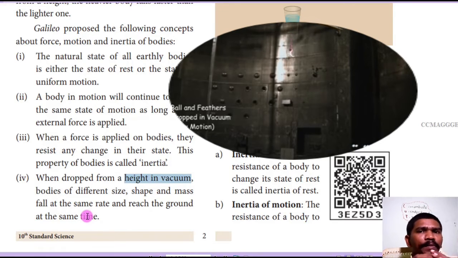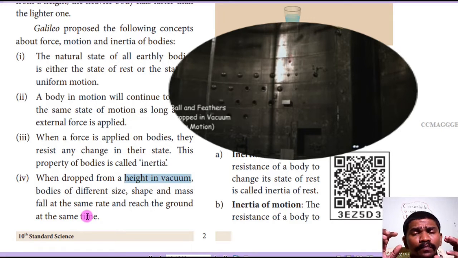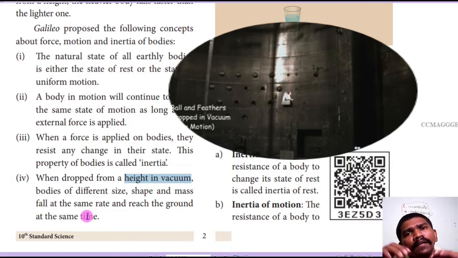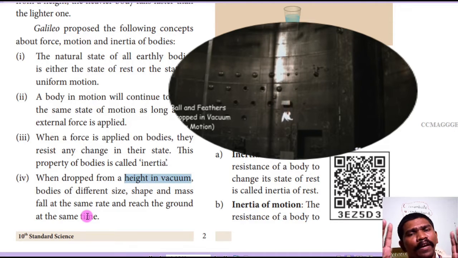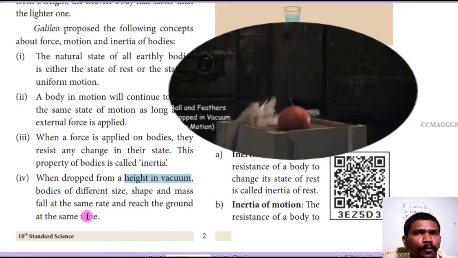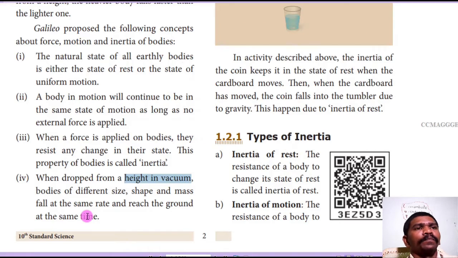Here also, in the same experiment with an iron bar and a feather dropped in vacuum conditions, both will reach the ground at the same time because of the absence of air.